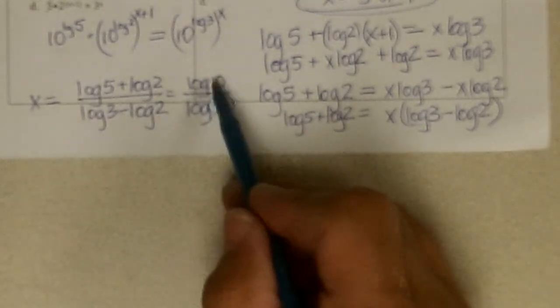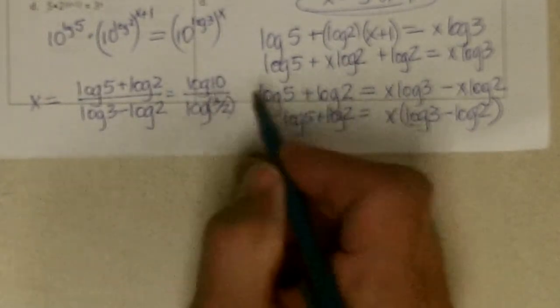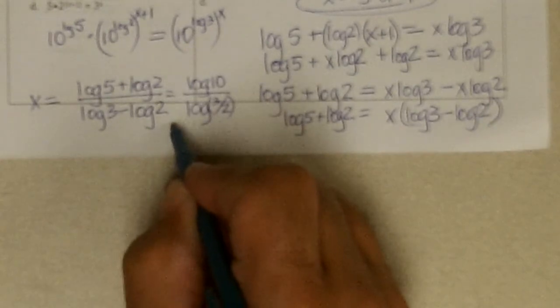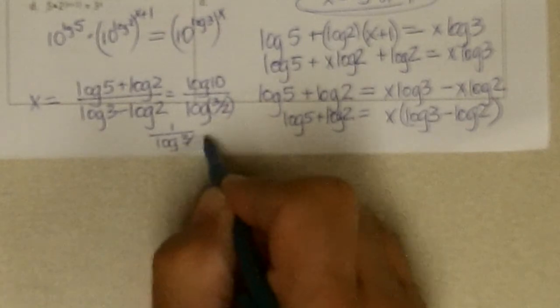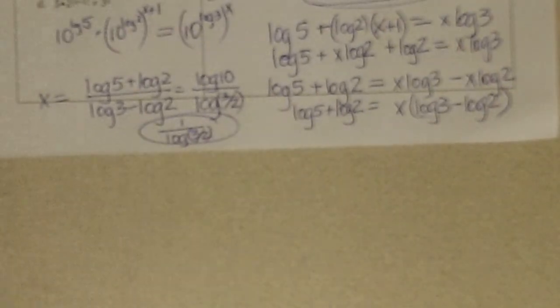To what power do I take 10 to get 10? That's 1. So I can reduce this to 1 over the log of 3 halves, or 1.5. And that looks a little bit simpler. That's page 2.